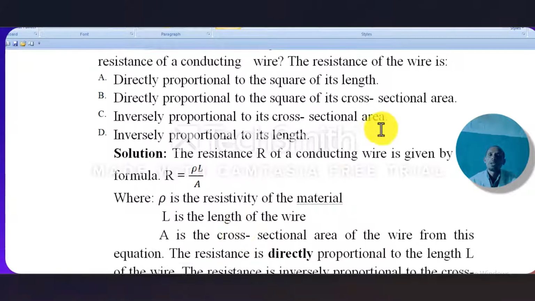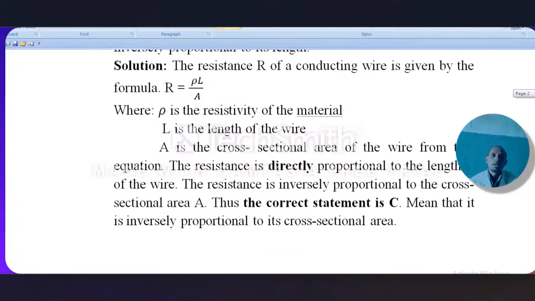From this equation, the resistance is directly proportional to the length of the wire and inversely proportional to the cross-sectional area. Thus, the correct statement is C, inversely proportional to the cross-sectional area.